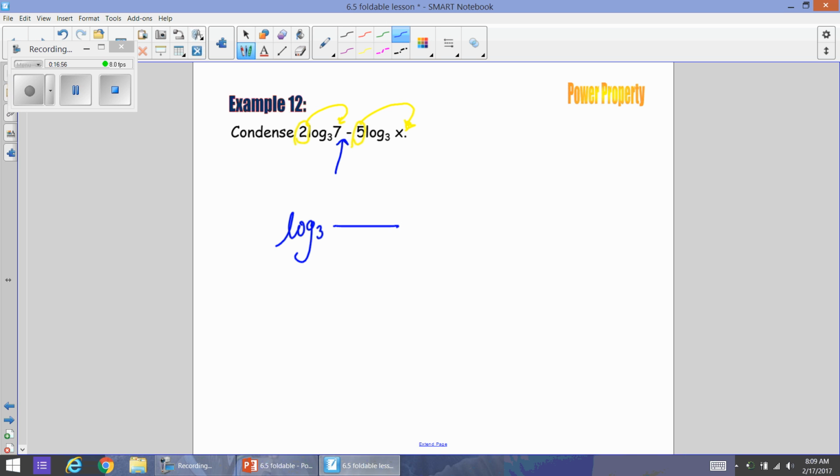The negative logs go on the bottom, so x to the 5th is on the bottom. And the positive logs go on the top, so 7 squared is on the top. Clean that up, and that's log base 3 of 49 over x to the 5th. So remember, when you're condensing, at the end, you should only have 1 log. You start with a bunch of logs, you end with only 1.